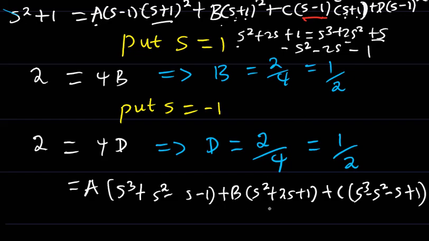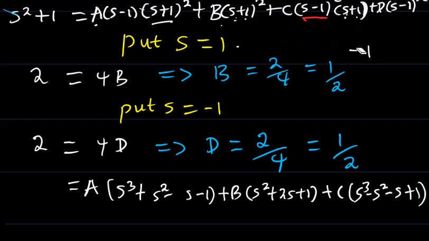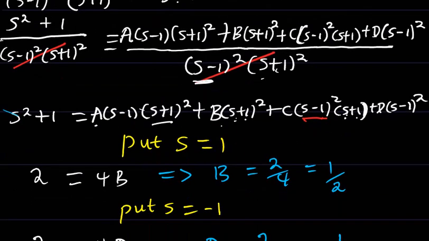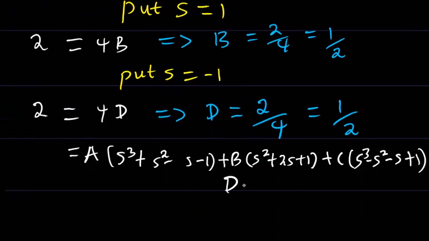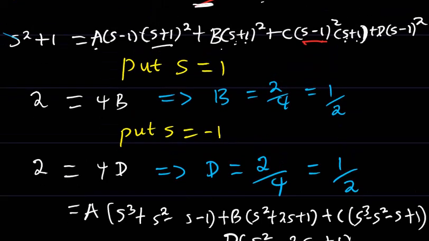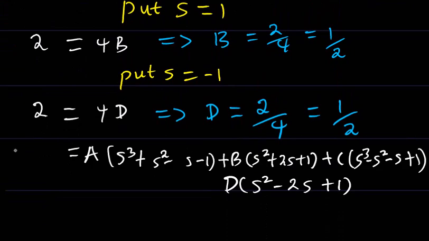All right, so that mistake has been rectified. So finally the last expansion, so that's going to be d into x squared minus 2x then plus 1. My left hand side still remains x squared plus 1.